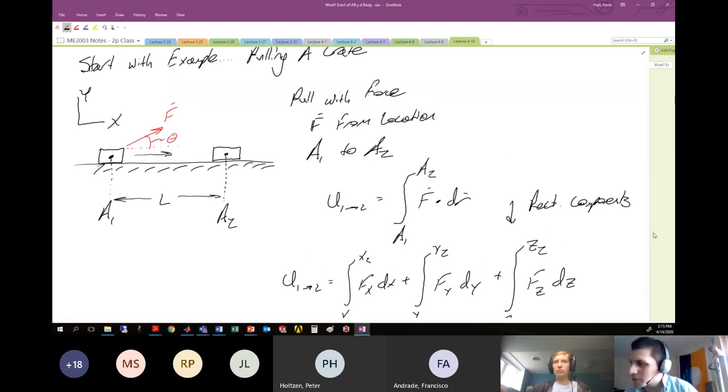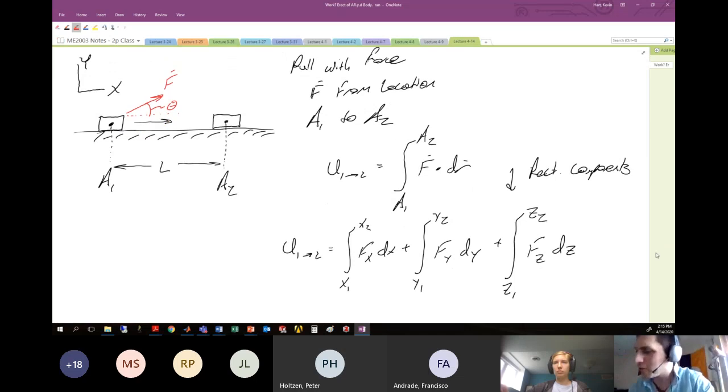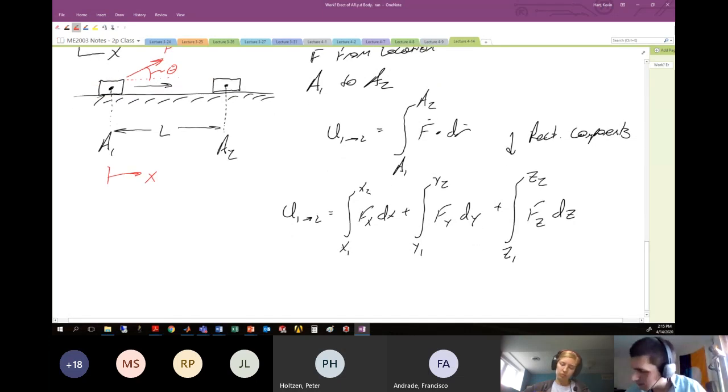Our bounds are probably where we want to start. If we're looking at the path of this particular box moving from here to here, it's only moving in the x direction. If we say this is location x equals 0, then our x1 is 0 and x2 is L, so we're going from 0 to L. The bounds on our other two integrals are more or less nothing.